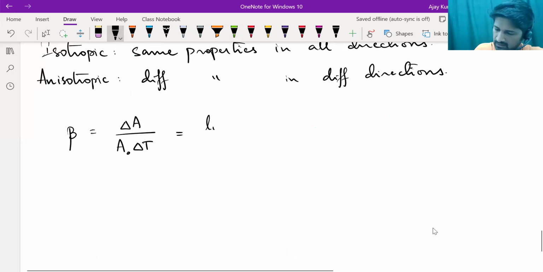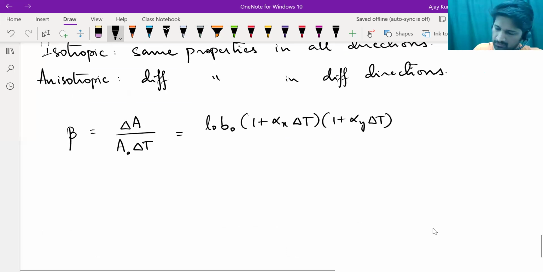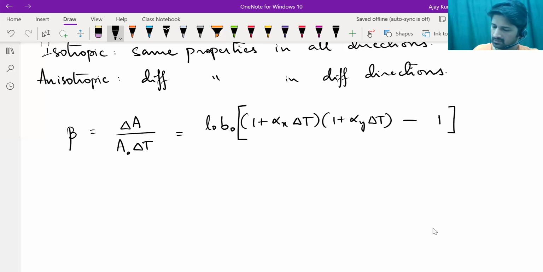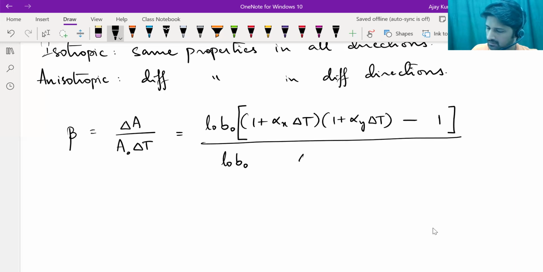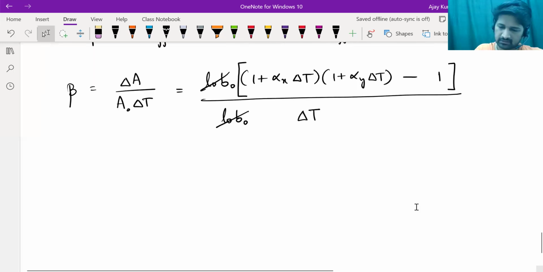Final area is L naught B naught times 1 plus alpha x delta t into 1 plus alpha y delta t. That is the final area. Minus initial area, which is L naught B naught. So I'm going to take L naught B naught common and simply write minus 1 here, divided by original area, which is L naught B naught, and temperature change delta T. So this gets cancelled. What will you be left with?